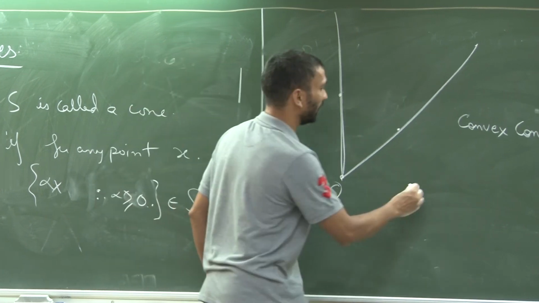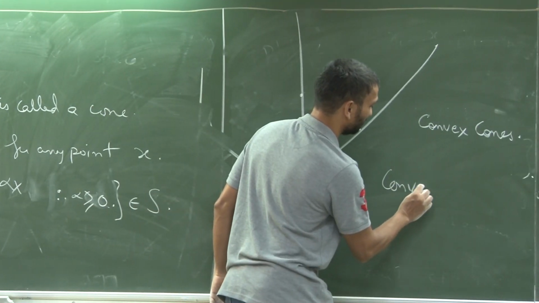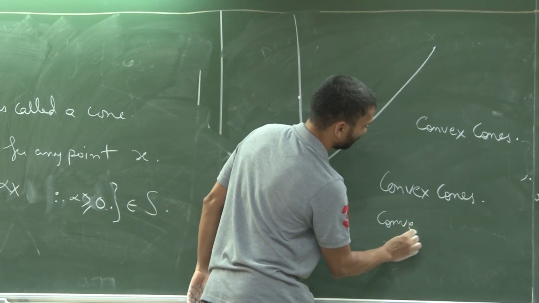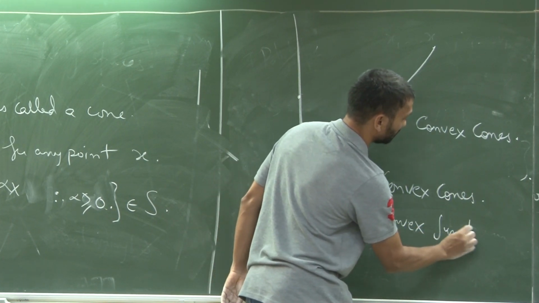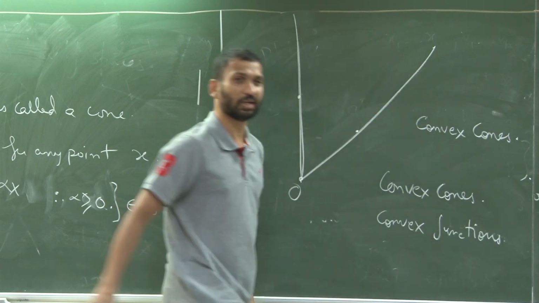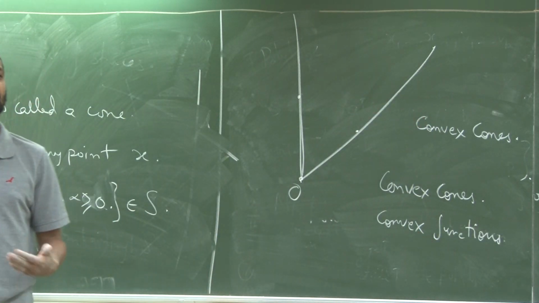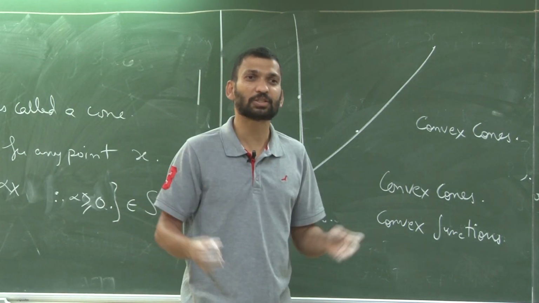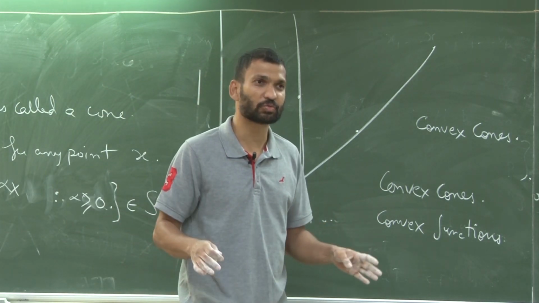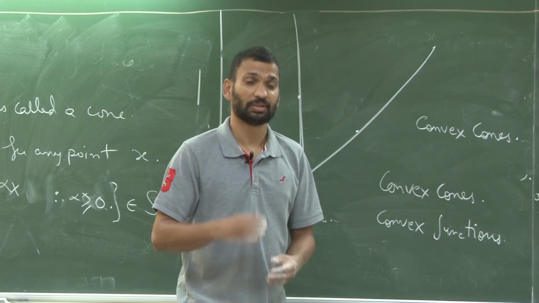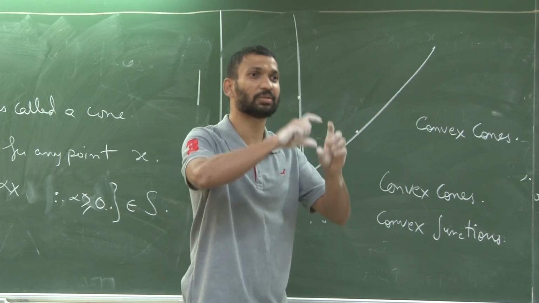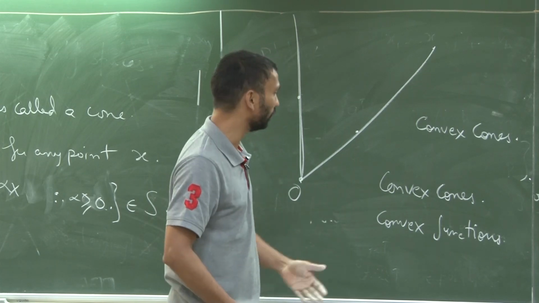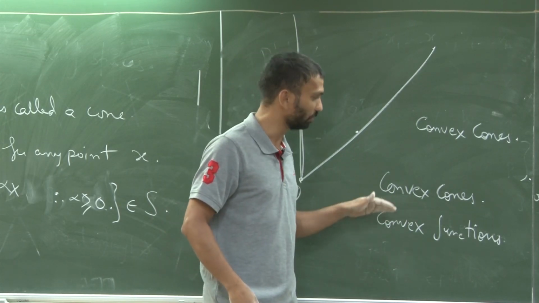So now our plan is to learn about convex cones, then convex functions, and once we learn that, a nice algorithm for linear programming will pop up. And you might think, oh, we did all this linear algebra and our efforts went to waste. No. The things which you learned, remember the solution space looks like this, all that intuition will be helpful while implementing a solution based on this.